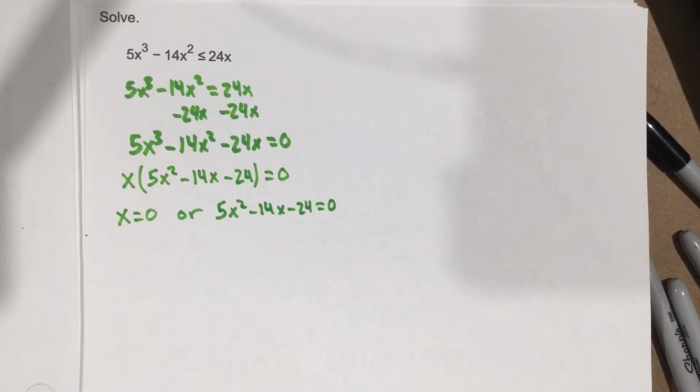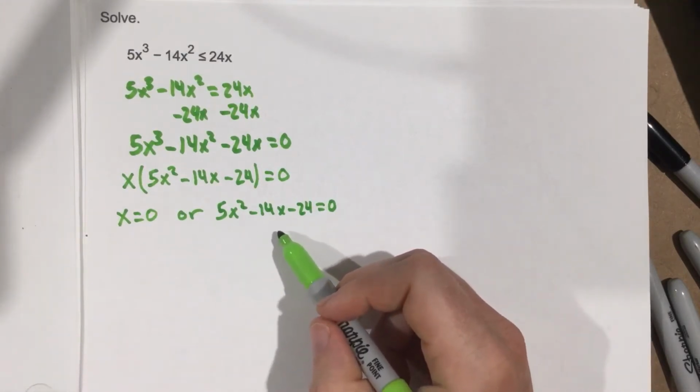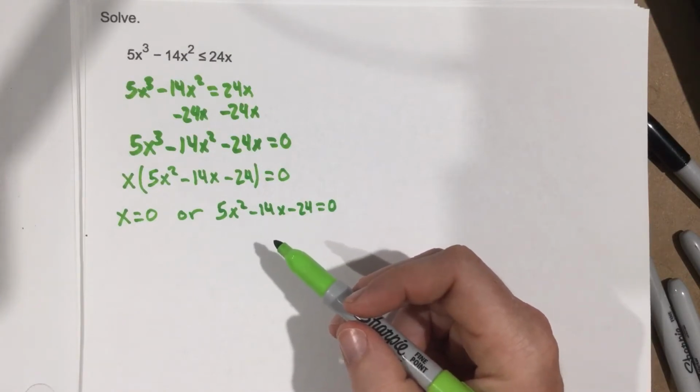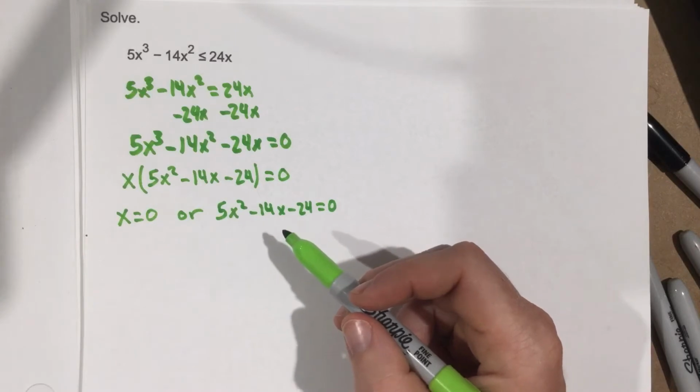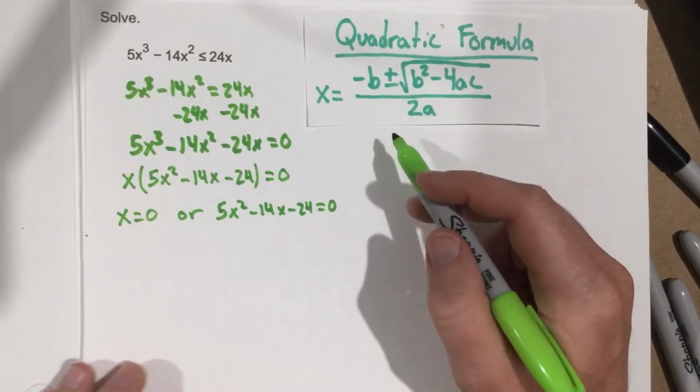Now this doesn't look too fun to factor really, so what I'm going to do is use the quadratic equation. So we remember the quadratic formula as negative b plus or minus, so on and so forth.